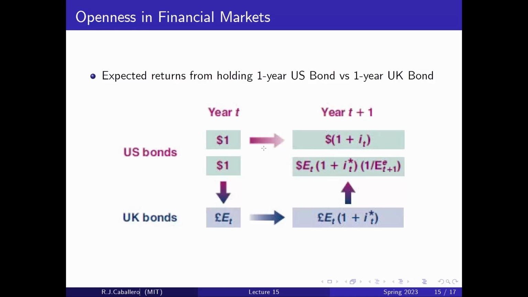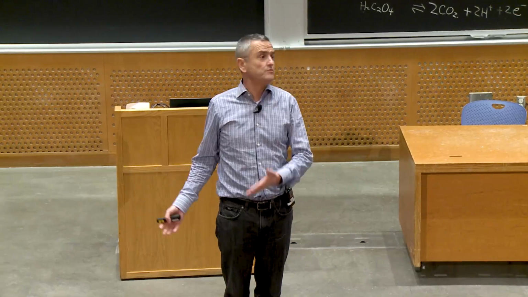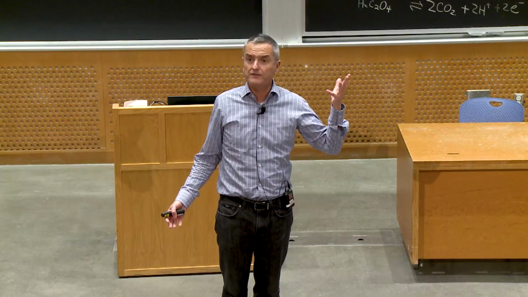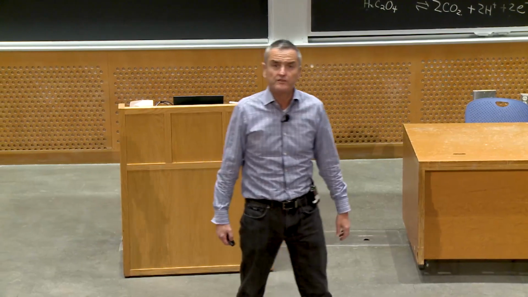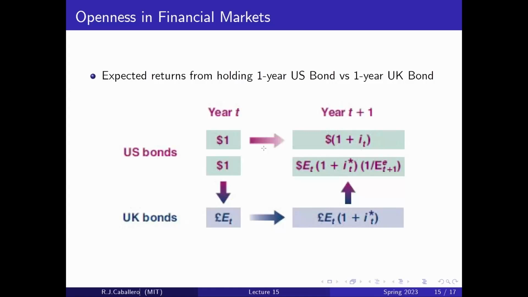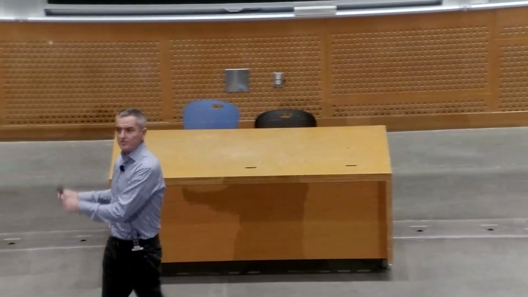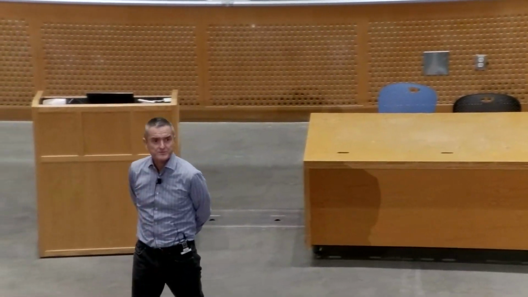Then I ask you the question: since you want to compare returns, does that mean you should be investing in the pound bond, the UK bond, rather than the US bond? So suppose this is 5%, and that's 10%. Where do you want to invest your money, in the US bond or in the UK bond? What is your answer? Sounds obvious, no? They pay you 10%, the other one pays you 5%.